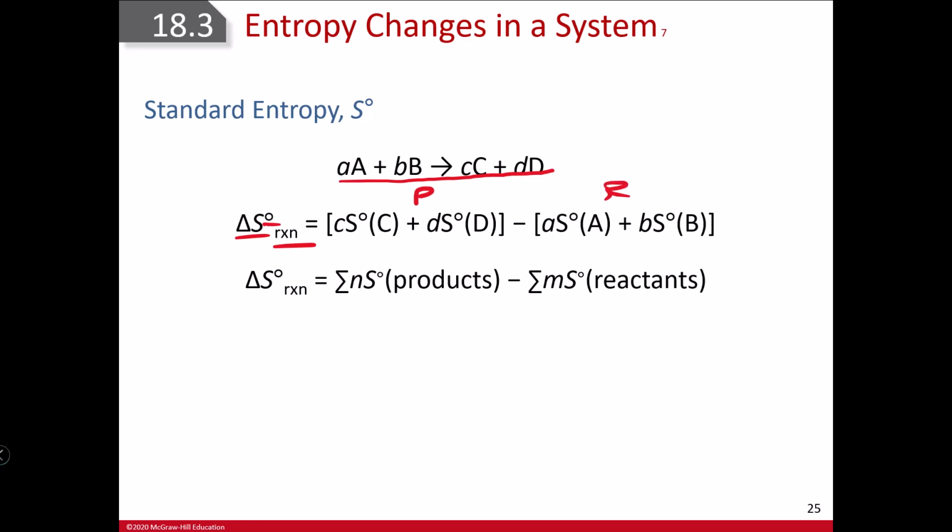You multiply the coefficient in front of C by its entropy, which you find in a table. You multiply the coefficient in front of D by its entropy, and then you subtract the coefficient times the entropy of reactant A and the coefficient times the entropy of reactant B.